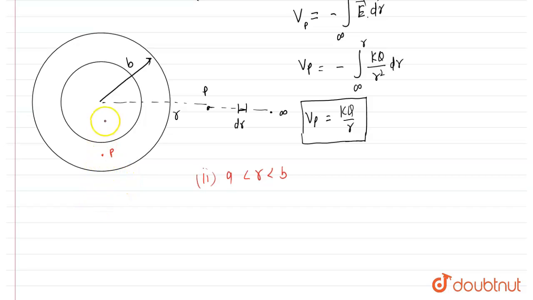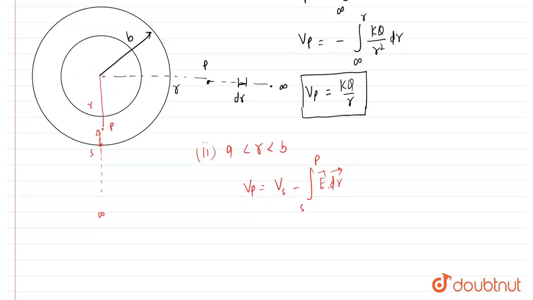In that condition the potential will be equal to potential from infinity to the surface plus surface to that point P. So the potential at that point will be equal to potential from infinity to surface, that is the surface, plus that S to P. So we can say minus integration S to P of E vector dot dr vector.